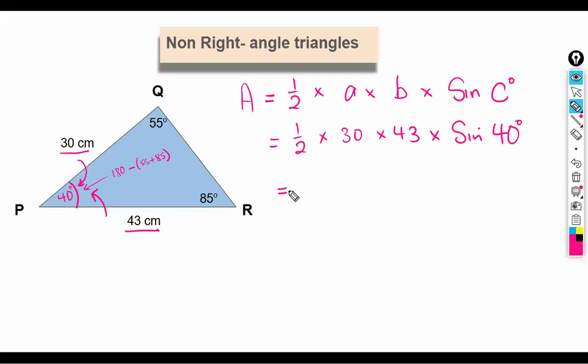So you see how the examiner could be real tricky? He deliberately did this. He put out 55 and 85 to put your attention there, right? And he will make you think, oh God, just choose one, anyone. But he is trying to divert your attention, okay? So 0.5 by 30 by 43 by sine 40.